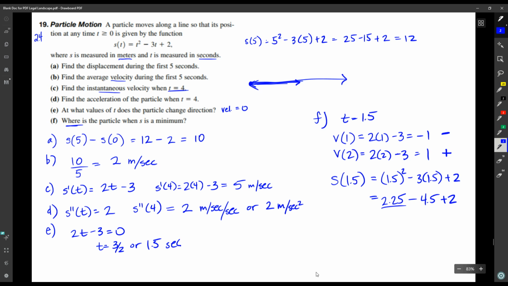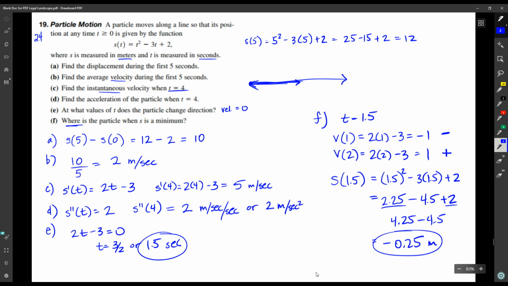If we put 2.25 and 2 together, we get 4.25 minus 4.5. So our answer is negative 0.25. Let me just check that in my book. And yep, that's right. That's in meters.